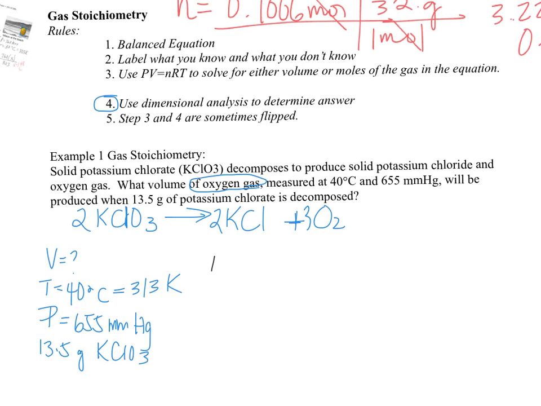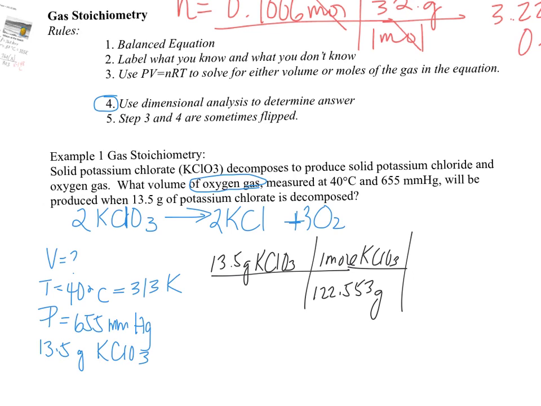So let's do that. I've got 13.5 grams of KClO3, and I know that 1 mole of that has a mass of 122.553 grams. So that's my KClO3.